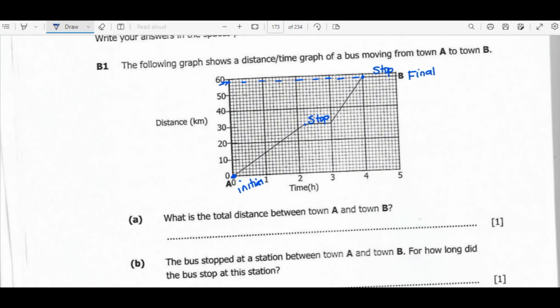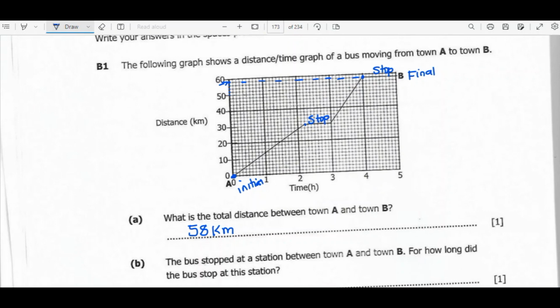This is the number that we want. Now if you look at the scale, 2 centimeters represents 20 units. So we'll say 50. This small one means 2, so 52, 54, 56, 58. So the total distance is 58 kilometers.